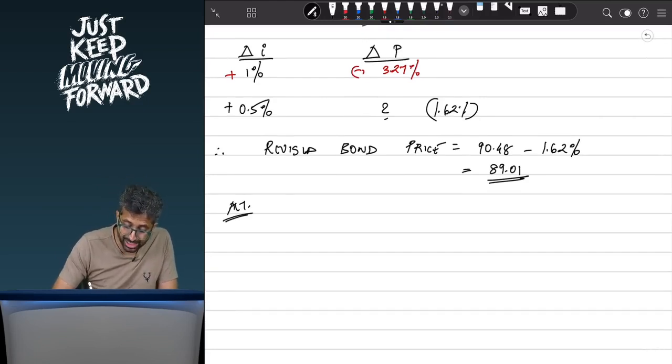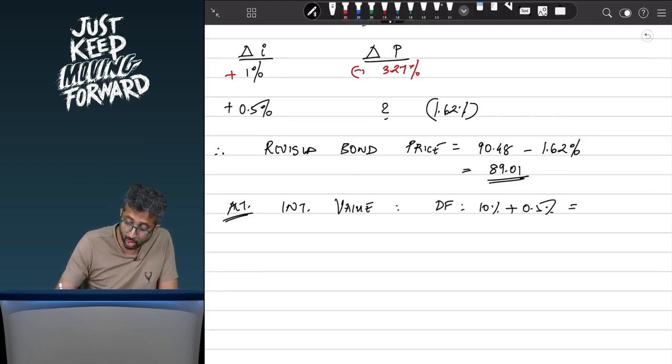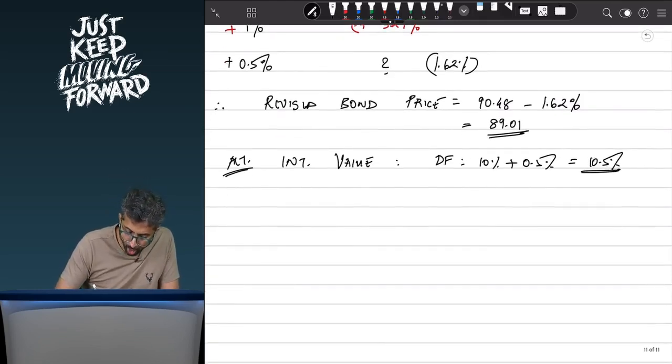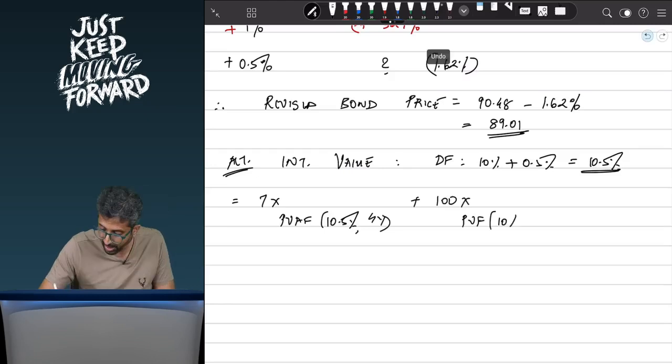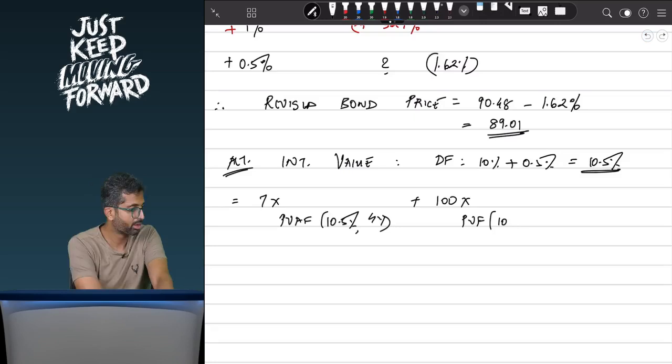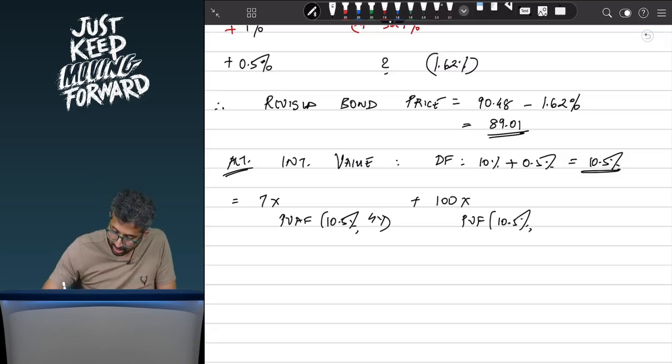Alternatively, you can also find the intrinsic value. Remember, if you are expecting the interest rate to go up, the discount factor will change from 10% plus 0.5 to 10.5%. So you are saying that your discount factor will be 10.5%. So the bond's value will be 7 rupees into the PVAF at 10.5% for a period of 4 years, plus 100 into the present value factor at 10.5% for the 4th year.